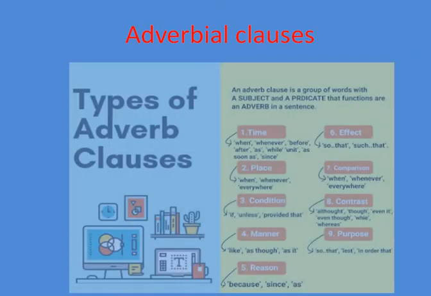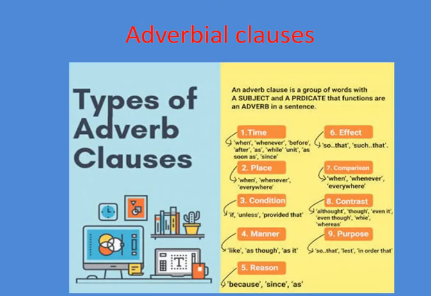Right. There are different types of adverbial clauses which are meant to denote different components like time, place, condition, manner, reason, effect, comparison, contrast, and purpose. So different conjunctions are used.